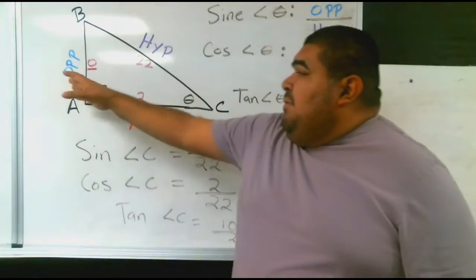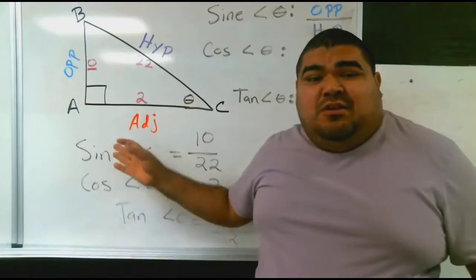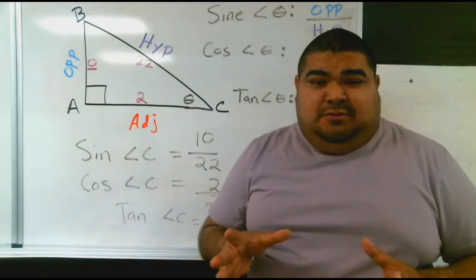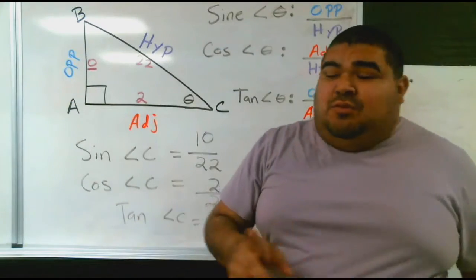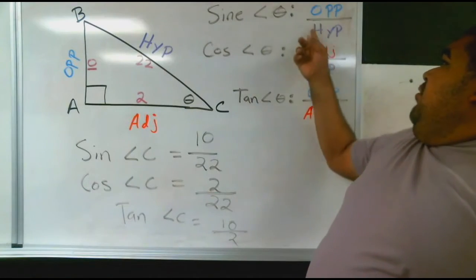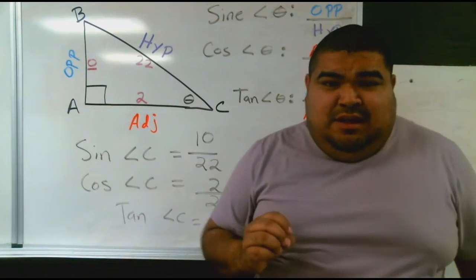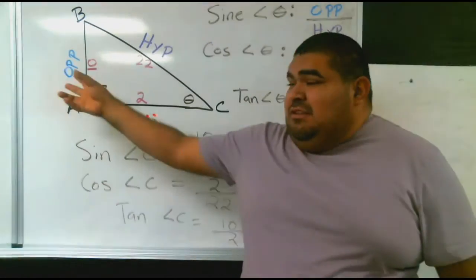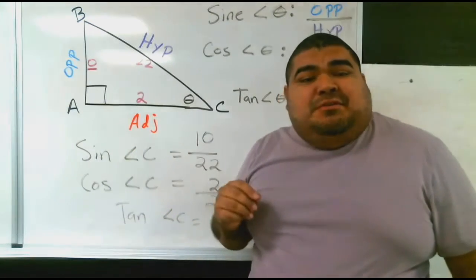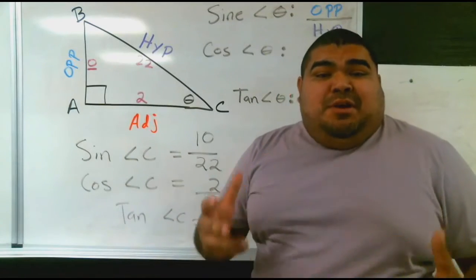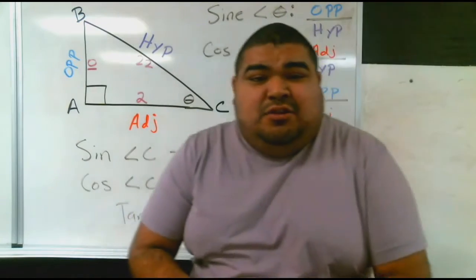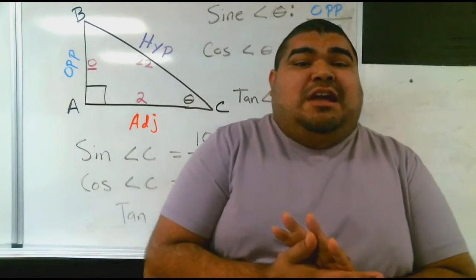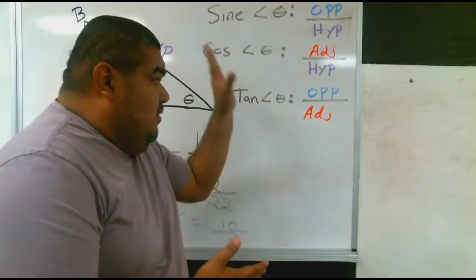You might have opposite and adjacent change on the triangle, depending on where theta is, but the actual rules never change. Wherever theta is, you still use the same ones. Make sure you write everything down.